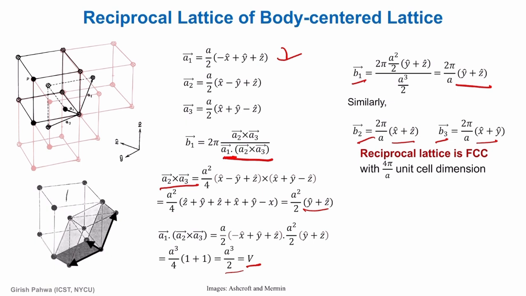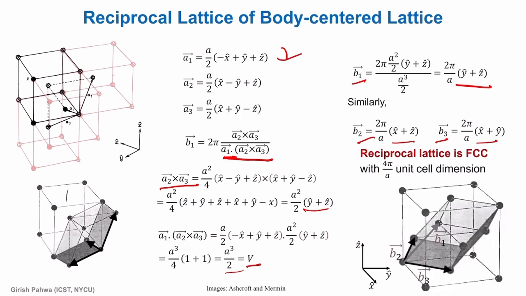X cap plus y cap, center of a face. If you go back and check the notes, actually these are nothing but the primitive vectors of a face-centered lattice. If you check the face-centered lattice primitive vectors, you will find this, this and this. These constants might be different, but this part will be the same.